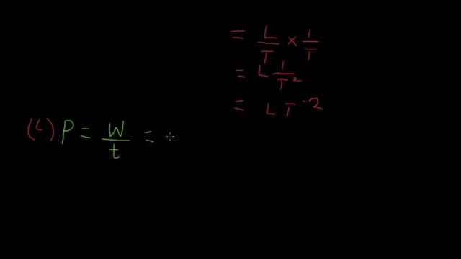But work done is force times distance. You can see the way we are breaking them down gradually. Force itself is equal to mass times acceleration, then times distance, then over time. We have done all this before.